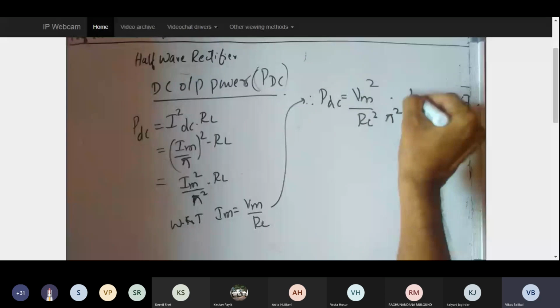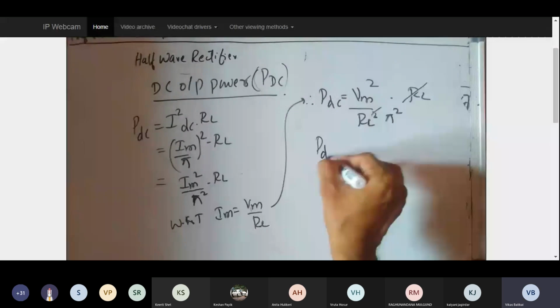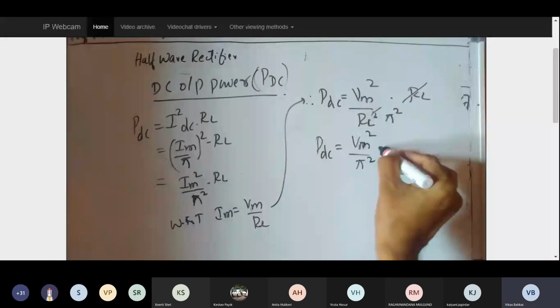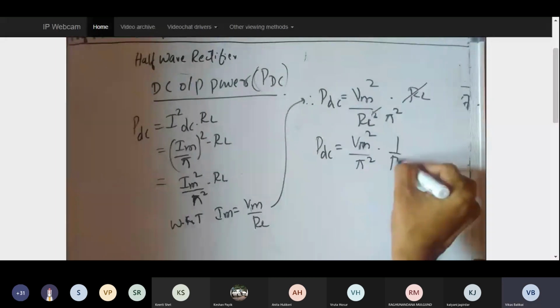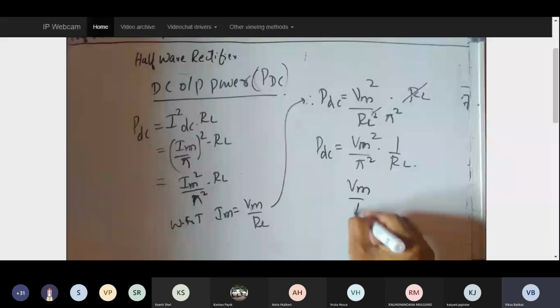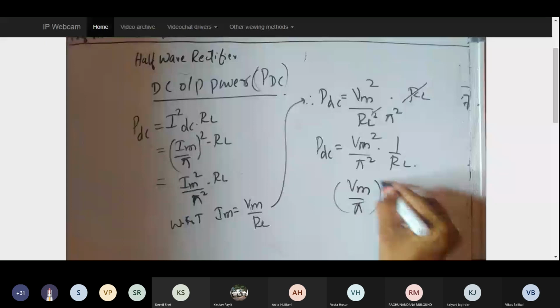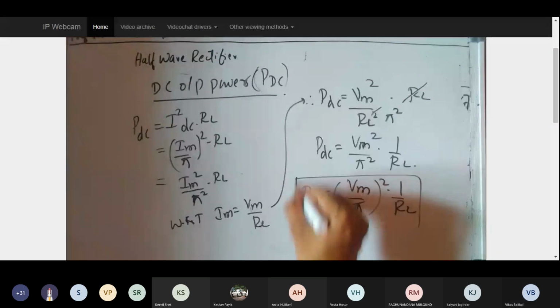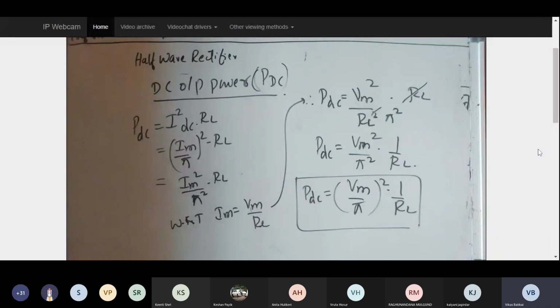So one RL and one RL goes out. So what is left for PDC? It is Vm square by pi square into 1 upon RL, or Vm by pi whole square into 1 upon RL. So this is my output power for my half wave rectifier. So this is all about the PDC.